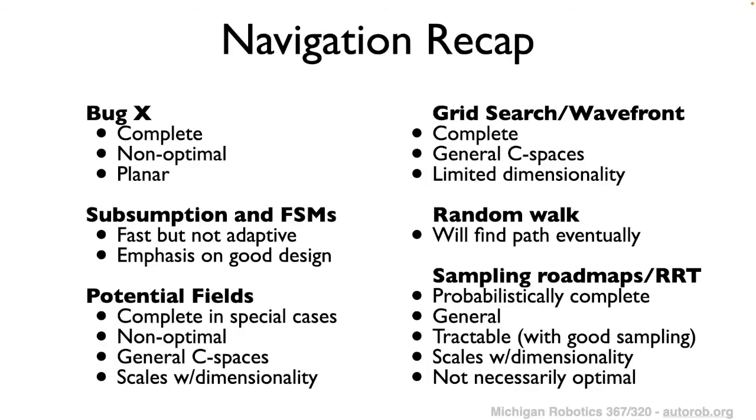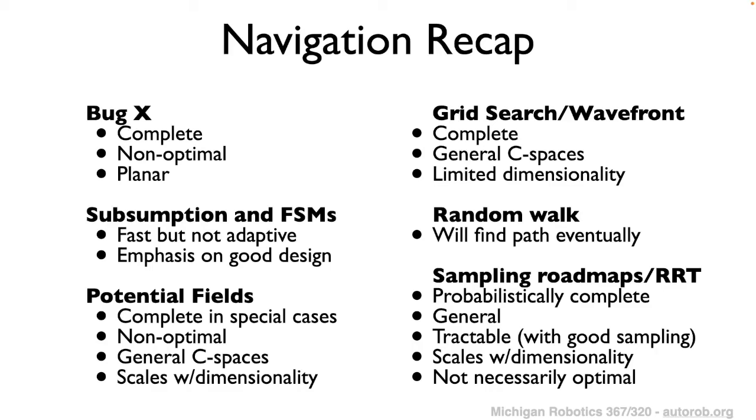To recap this broad topic of navigation that we've looked at throughout the course, let's briefly walk through the various approaches and algorithms we've covered. At the most reactive level, we looked at the bug algorithms, which had the nice property of being complete, so they would find a solution if one exists, but they're non-optimal, and they were limited to reactive-based control.